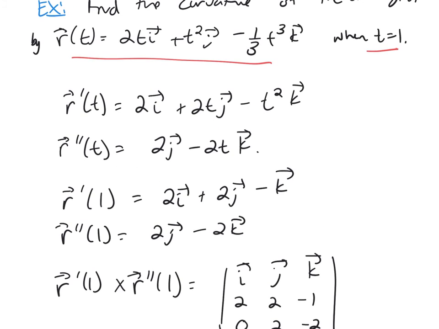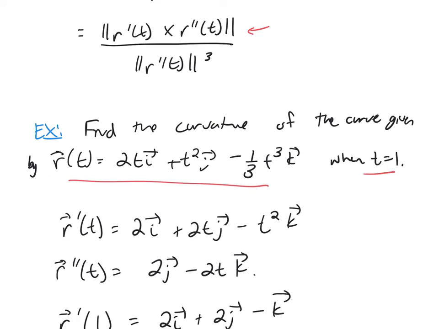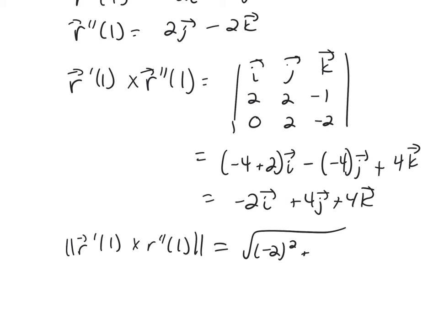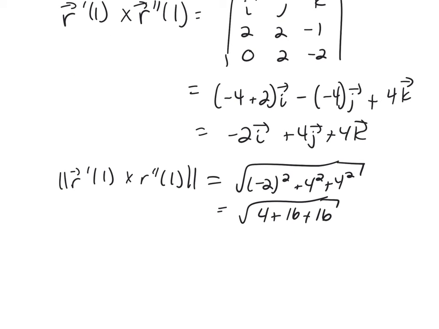And then if we go back to our formula, I need the magnitude of this vector. So the magnitude of r prime of 1 cross r double prime of 1 is the square root of negative 2 squared plus 4 squared plus 4 squared. So 4 plus 16 plus 16, the square root of 36, which is 6.